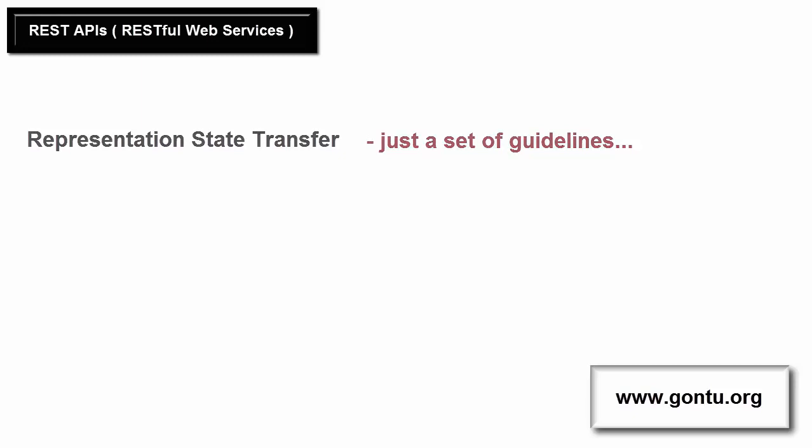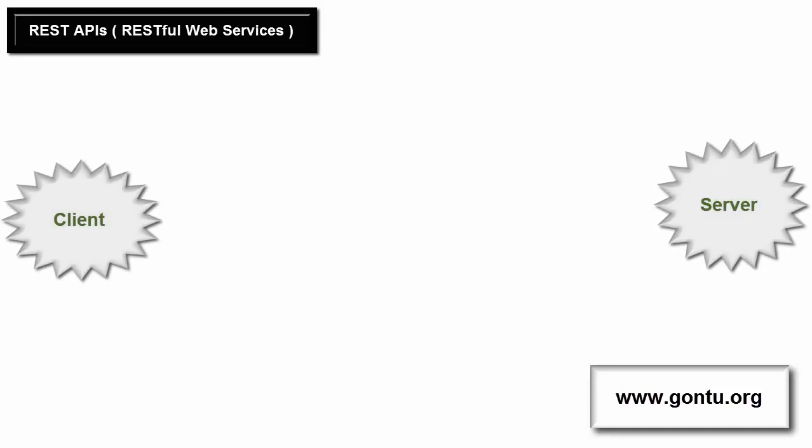Alright, let's start. REST says in a client and a server architecture, whatever data or functionality is kept at the server application which a client can access or modify is known as a resource. So there can be one, two, hundreds, thousands, or any number of resources present at the server application which a client has access to.